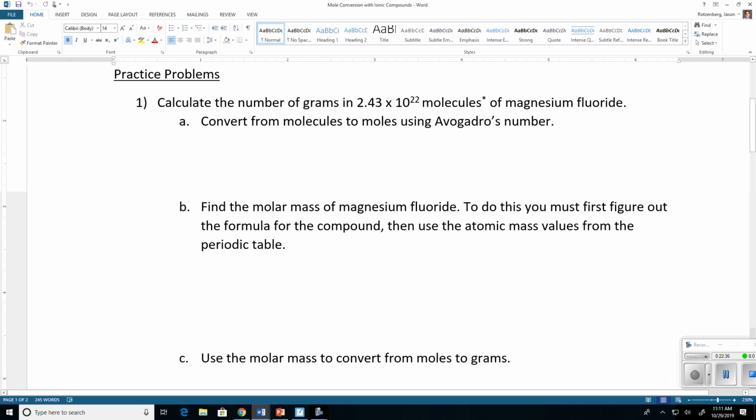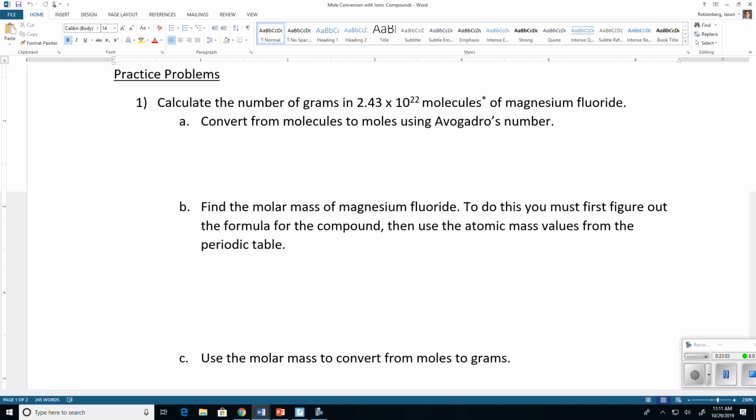The question says, calculate the number of grams of 2.43 times 10 to the 22nd molecules of magnesium fluoride. By the way, there is an asterisk next to molecules because on the very bottom of your page, it says the term molecule is typically used for things that are covalently bonded together, not ionically. However, we will still use the term molecule describing ionic things.